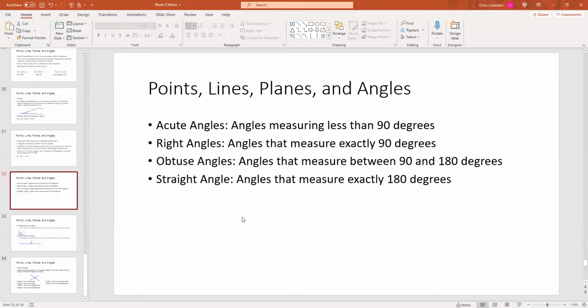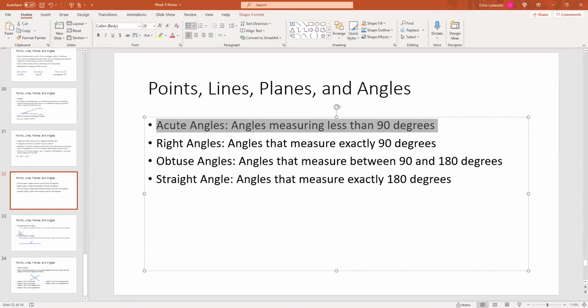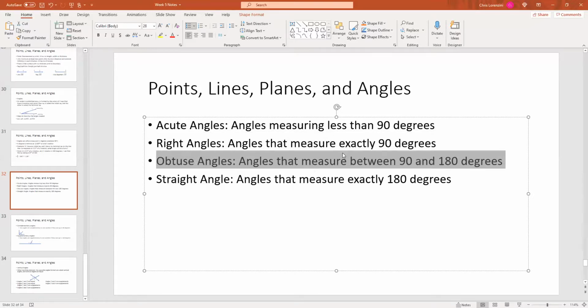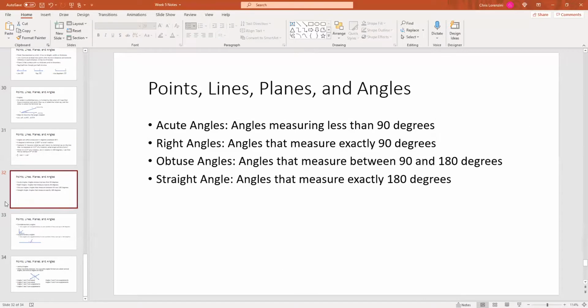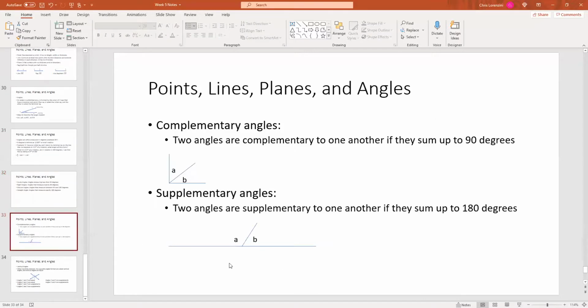An obtuse angle is an angle that measures in between 90 and 180. And a straight angle is an angle that measures exactly 180 degrees. So if it's less than 90, it's acute. If it's exactly 90, it's right. If it's between 90 and 180, it's obtuse. And if it's exactly 180, it's a straight angle.